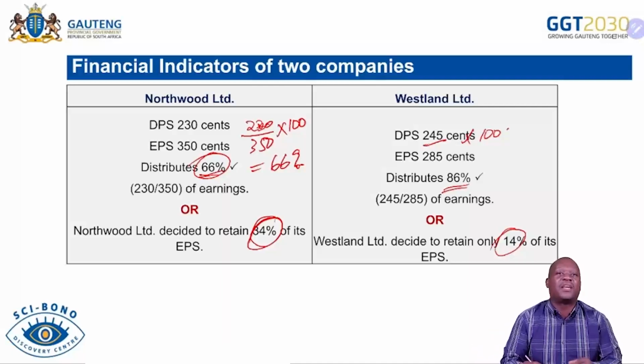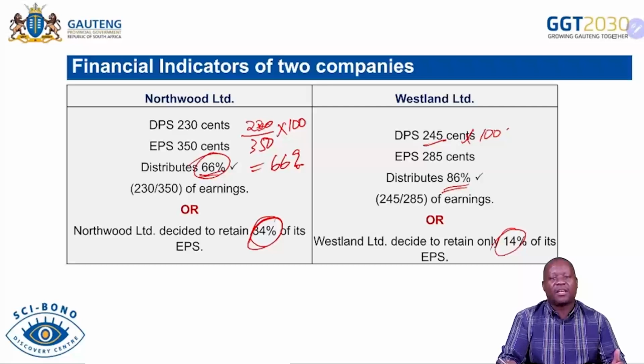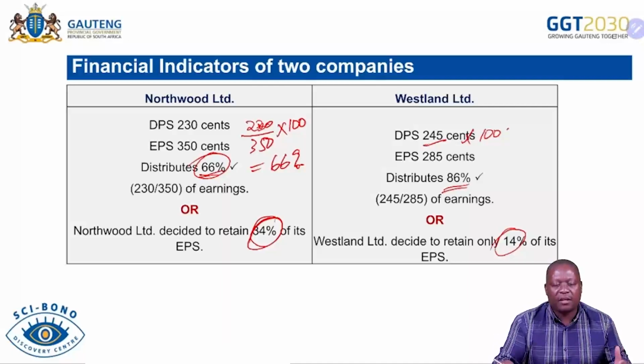Sometimes they can even give them more dividends than what they have earned during the current year. So they are going to use the retained profits from previous years just to make their shareholders happy. So it depends on what the directors of the company wish to communicate or imply to the shareholders.